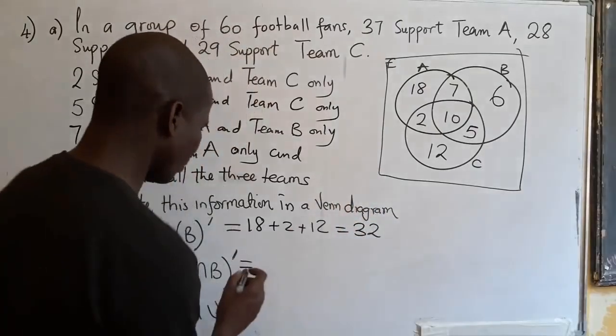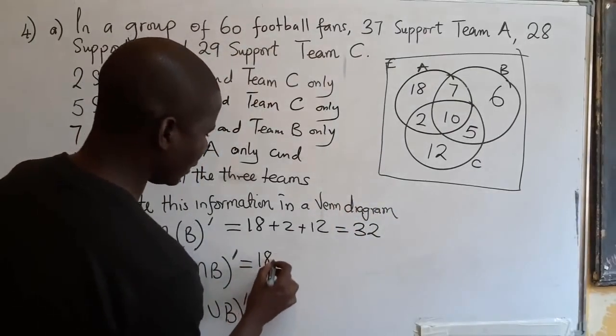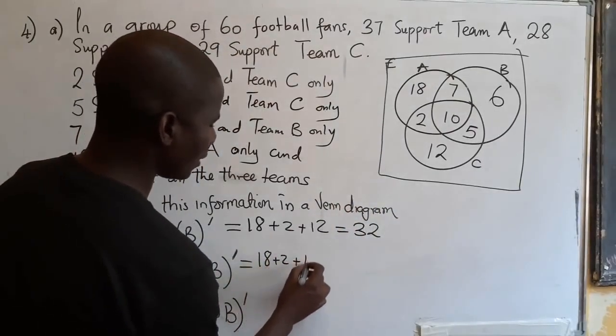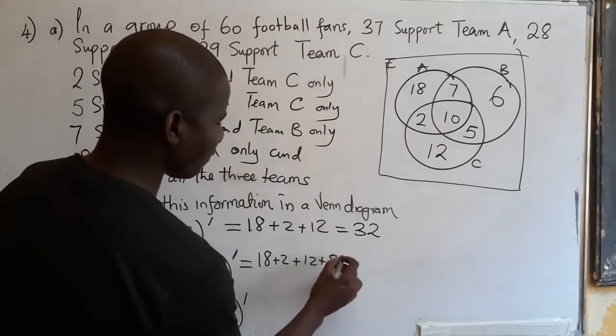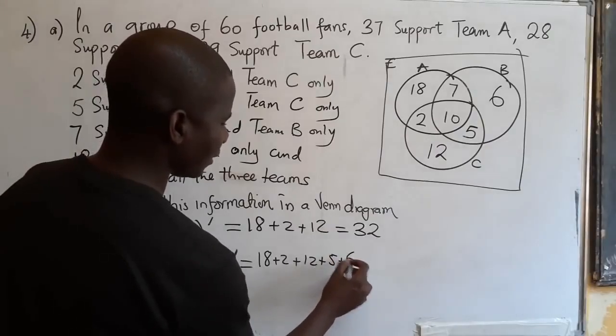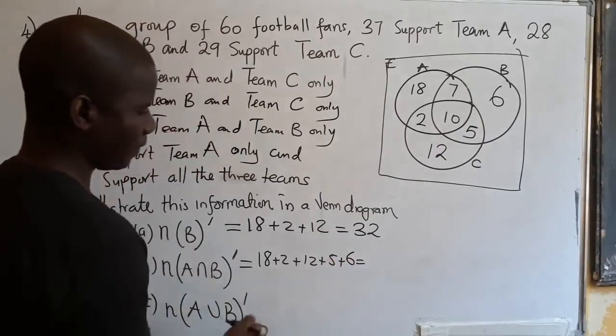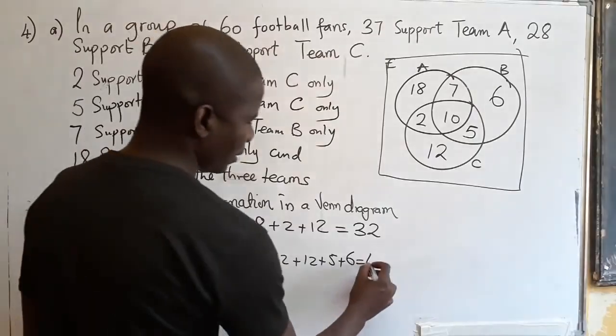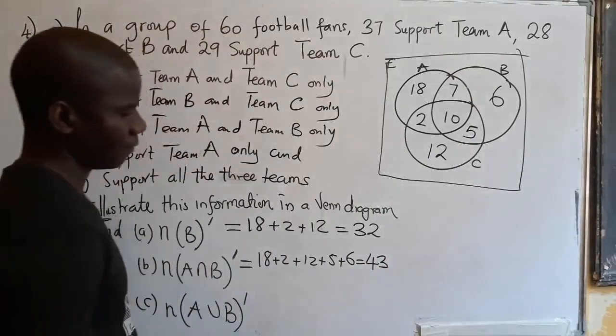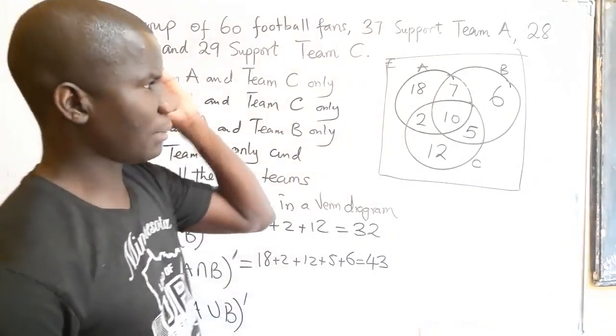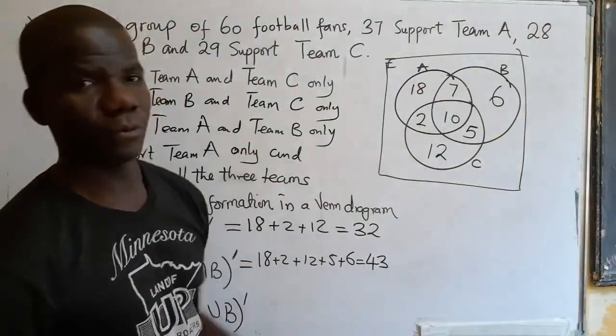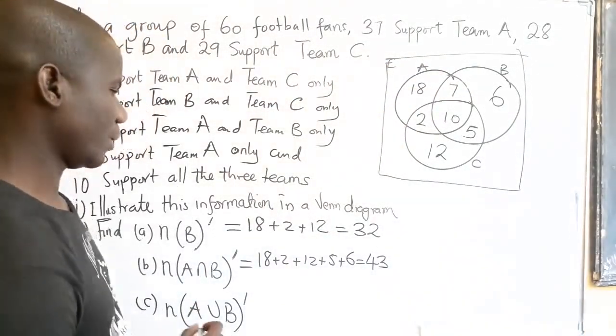So we're going to look at 18 plus 2 plus 12 plus 5 plus 6. When we add this, we get 43. Or you can subtract these two from 60, because we don't want those.